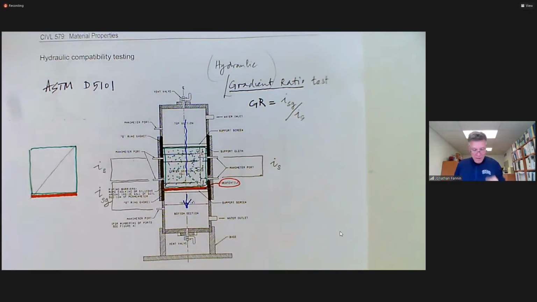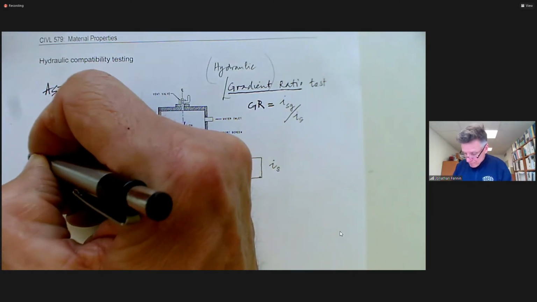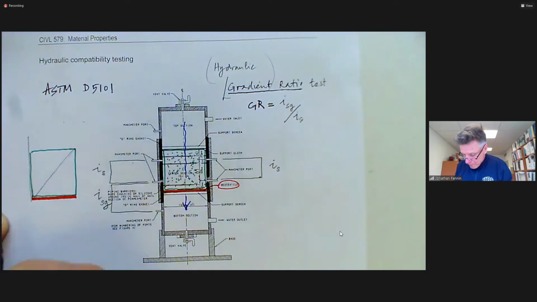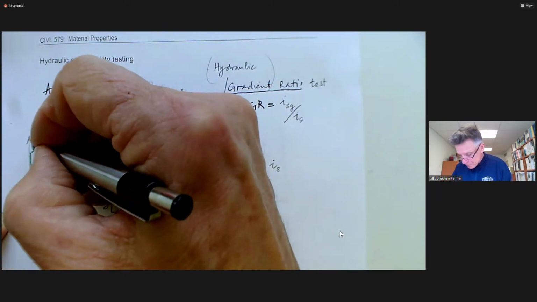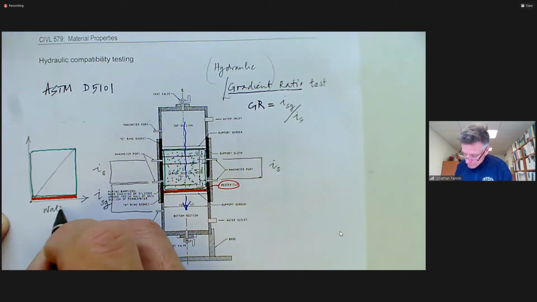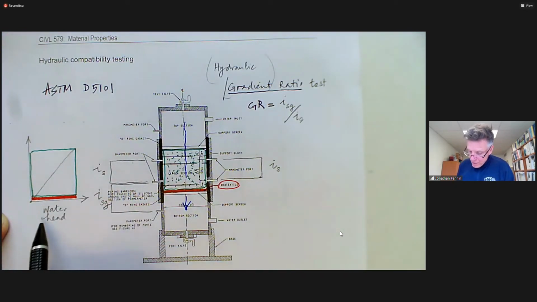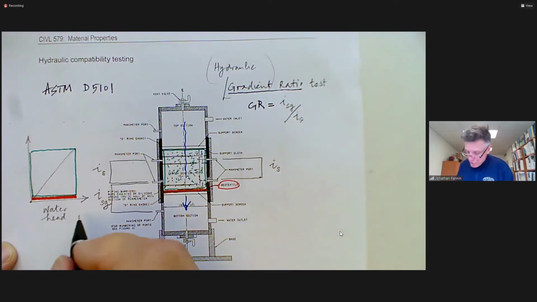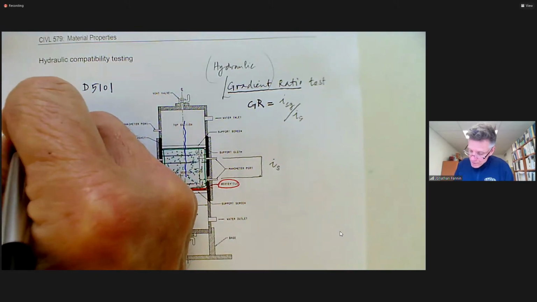If we were to look at this, this is the distance above the base of the geotextile, and there's the magnitude of the water head. Remember, we're measuring differential heads, but there's the water head. We can give that centimeters or meters of water. Let's give it meters of water. Here's the distance above the bottom of the geotextile.